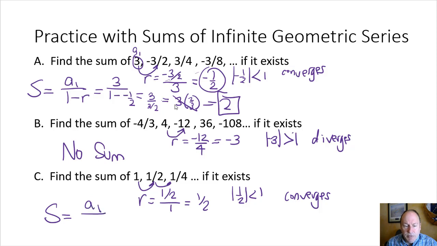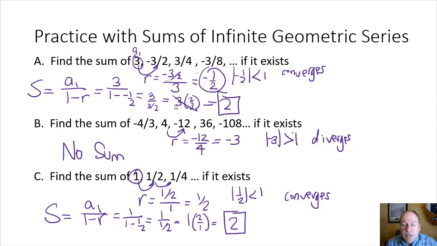The sum is equal to a sub 1 over 1 minus r. A sub 1 in this case is 1, and r is 1/2, so it's 1 divided by 1 minus 1/2, or 1 over 1/2, and that's the same as multiplying 1 times the reciprocal of 1/2, 2 over 1.